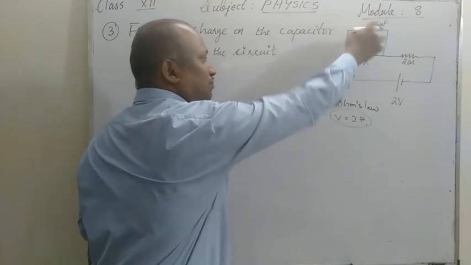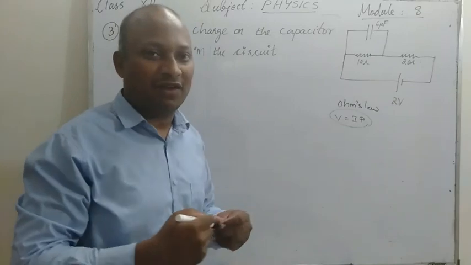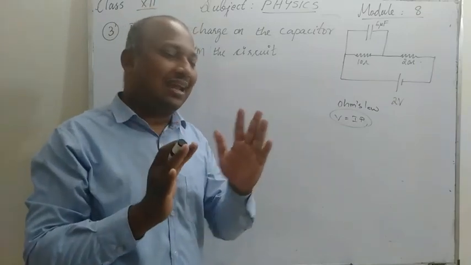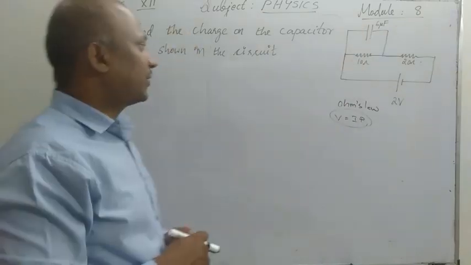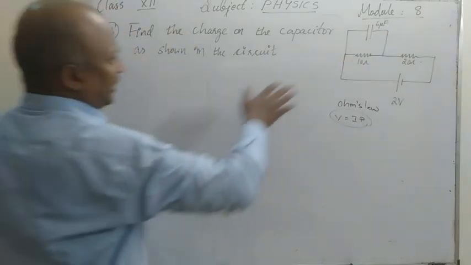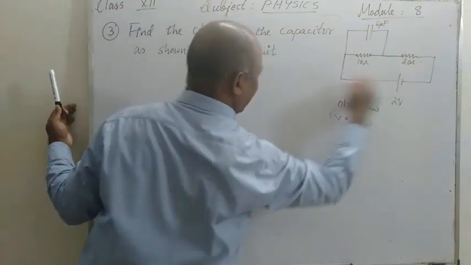In between these two parallel plates there is no connection, so the charges cannot flow. Once the capacitor is charged, a direct current cannot flow through this. So we can now remove this capacitor and just consider this as a single circuit.